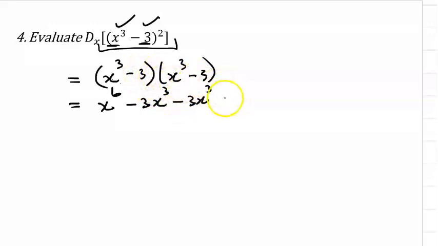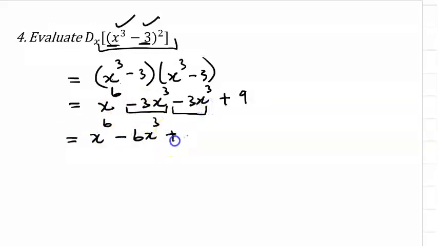And minus 3 times minus 3 is positive 9. Equals x to the power 6 minus 6x cubed, I'm adding these two like terms here, and then plus 9.